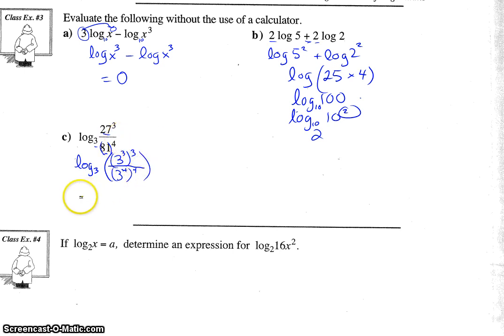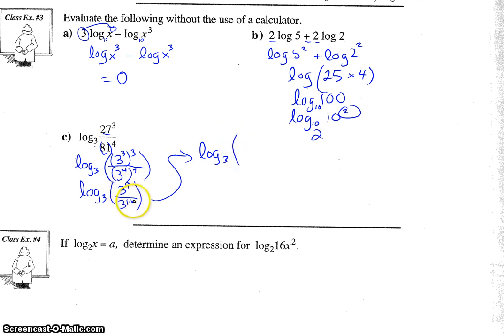Okay, so we should probably simplify this a little bit. We're going to use power of a power, so 3 to the exponent 3 of 3 is going to be 3 to the 3 times 3, so 9. And on the bottom, we're going to have 3 to the 4 times 4, which is 16. Just using exponent laws really now, aren't we?